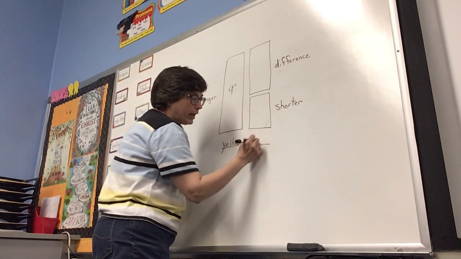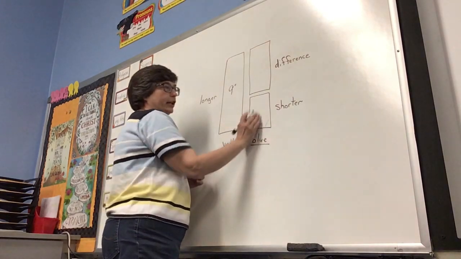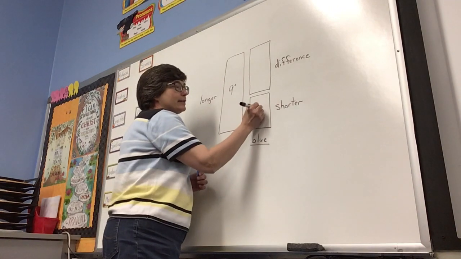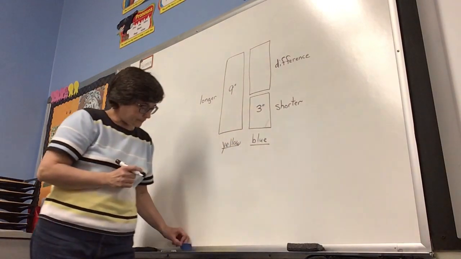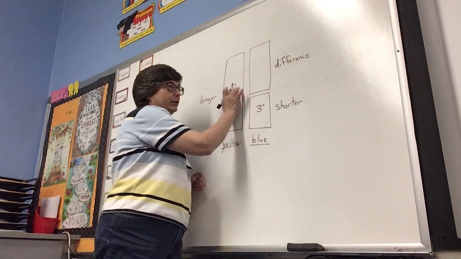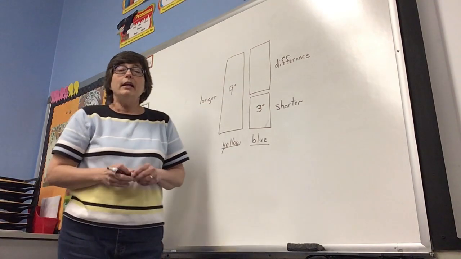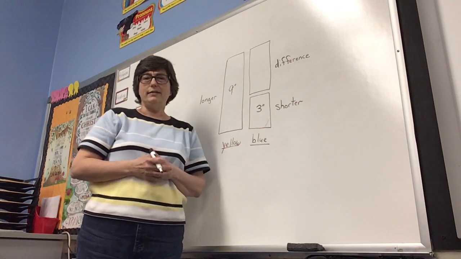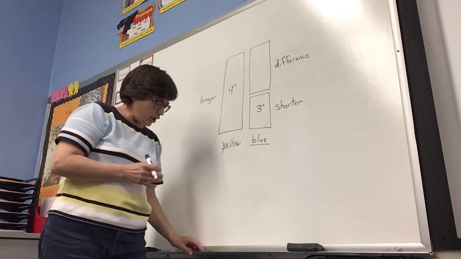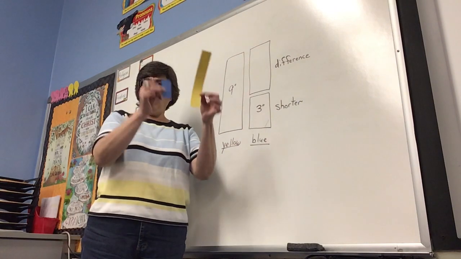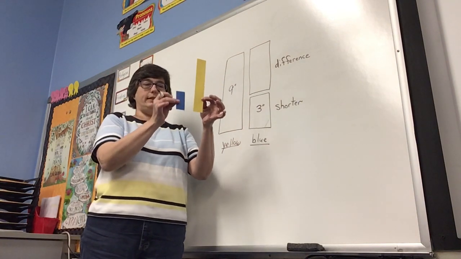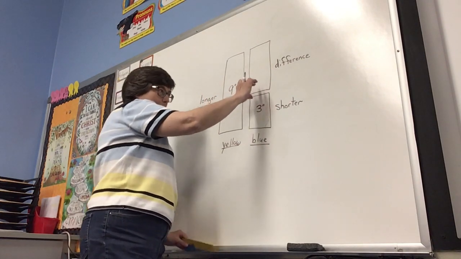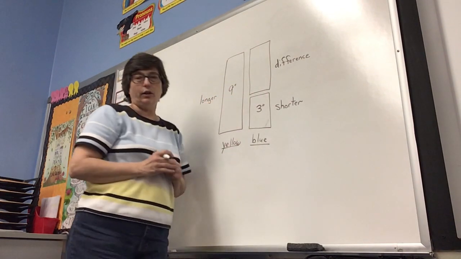So I am going to write blue over here to know that this is the blue side that we're talking about. And it is 3 inches long. Okay, remember to label it. All right. And then now we have to figure out, well, what is the difference? How do I know what amount is different between these two? And it's like we're combining these two rectangles to make the long yellow one.